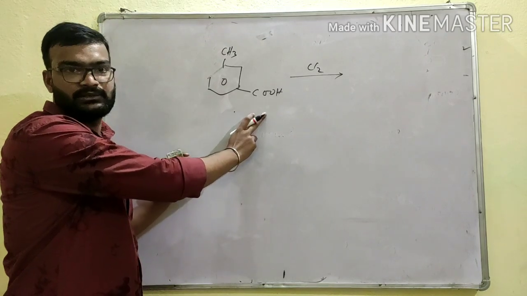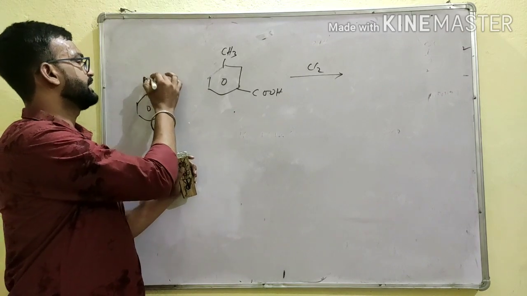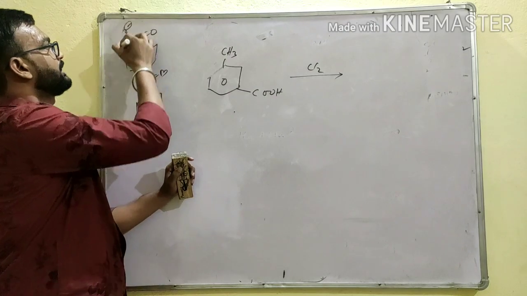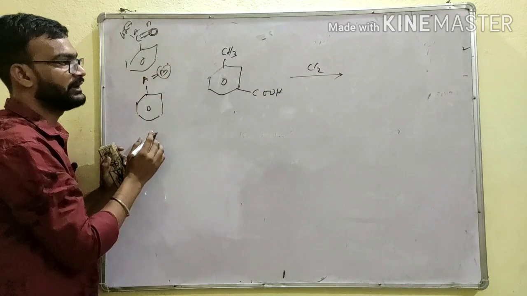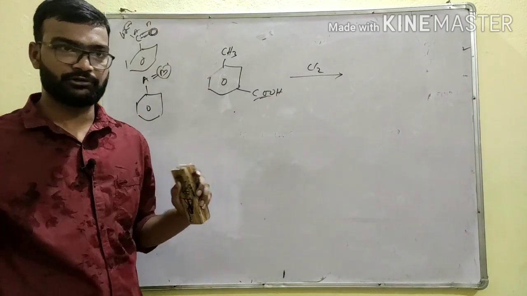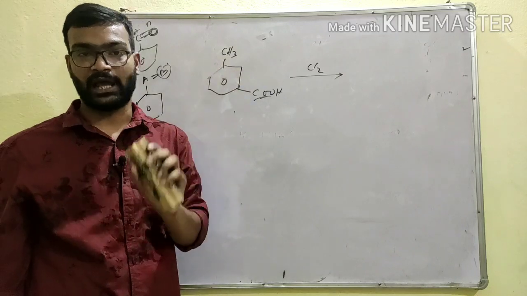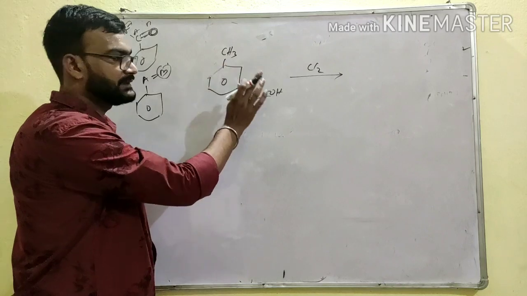I said many times in this video, if you have a system like A double bond B, here also C double bond O, O minus or OH, where B is more electronegative, so COOH is an electron withdrawing group, and this CH3, I said, is an electron donating group through hyperconjugation and the inductive effect. So this is the electron donating group, this is the electron withdrawing group.